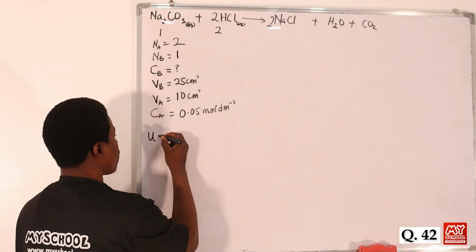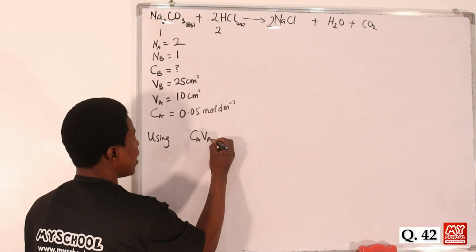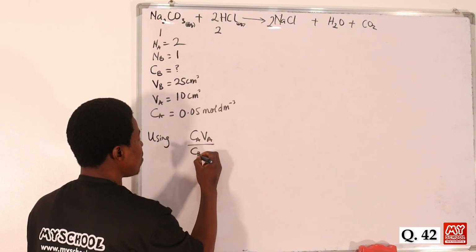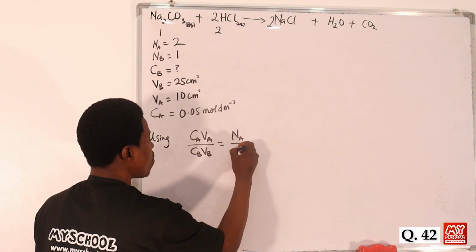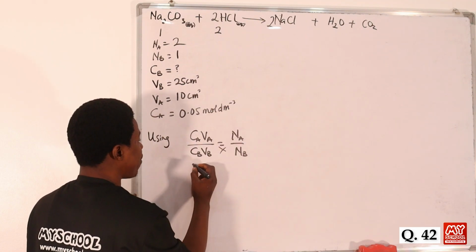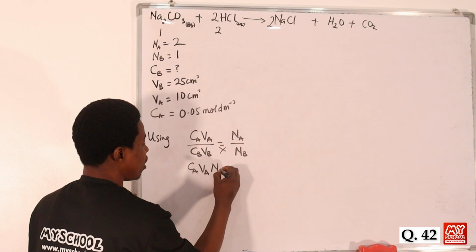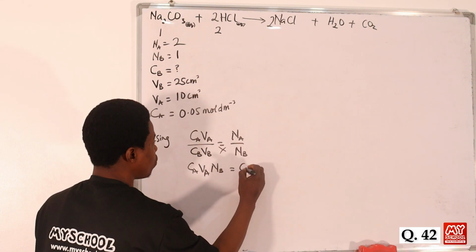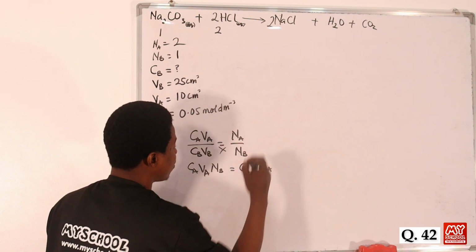Using the formula, which is CA VA over CB VB equal to NA over NB, if you cross multiply, we're going to have CA VA NB equal to CB VB NA.